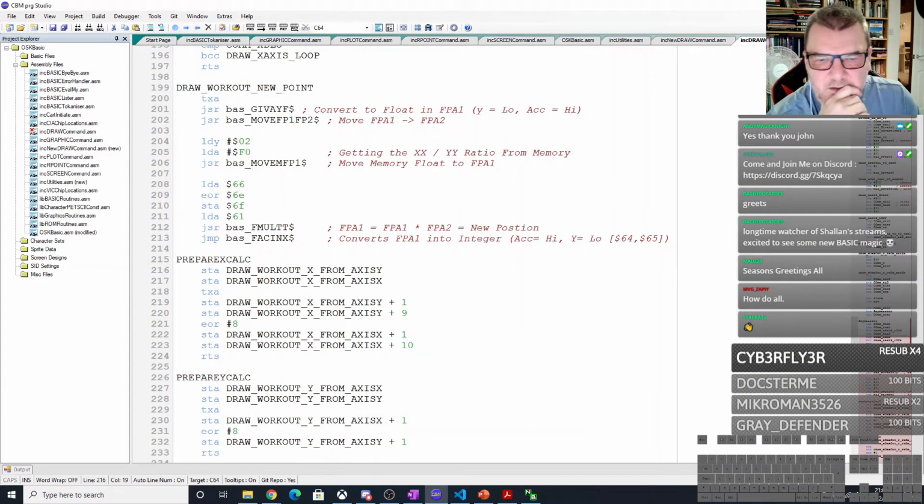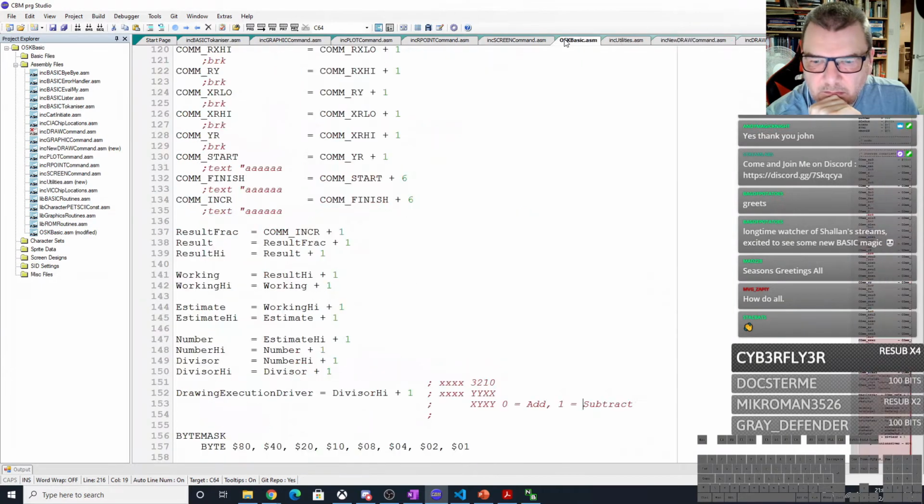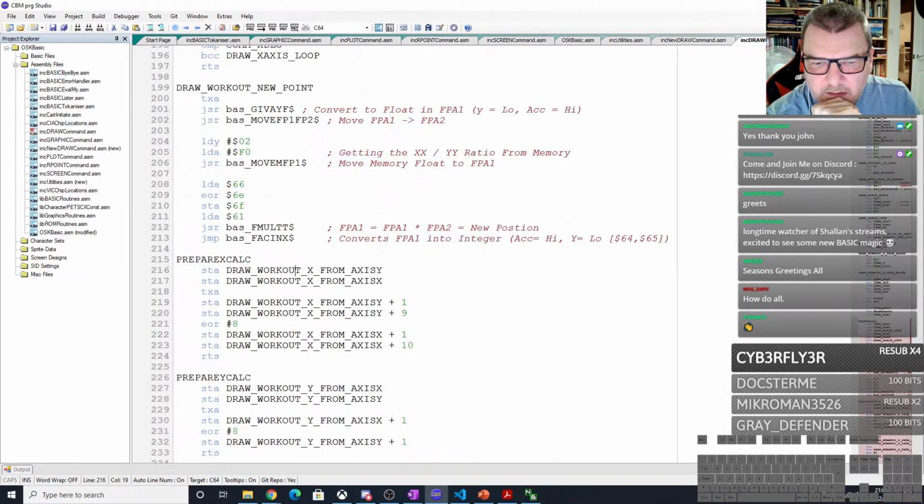so that's saying change the byte in X from Y, X from Y, and change the byte in X from X. Yeah, so it's definitely these two.